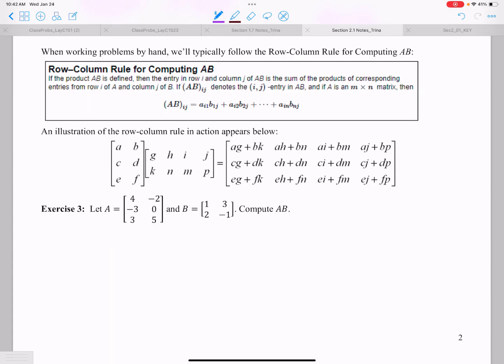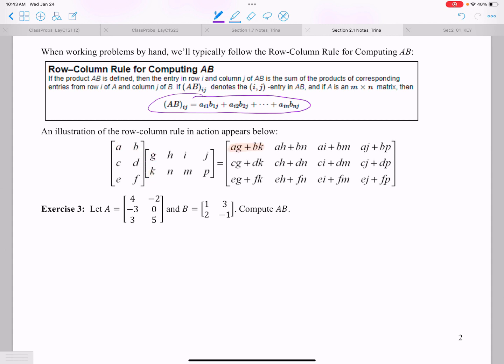All right, they're calling this the row column rule. I call it the dot product rule. Here's the formal rule. I like to look at it visually. I take the first row and do the dot product with the first column. So dot product means you multiply your first components and add it to the multiplication of your second. So A times G plus B times K, and that's where this comes from.